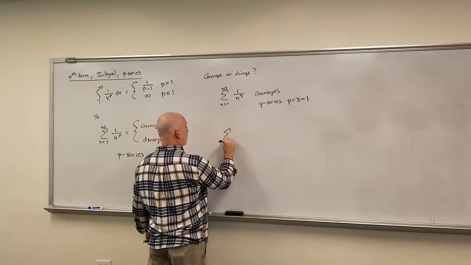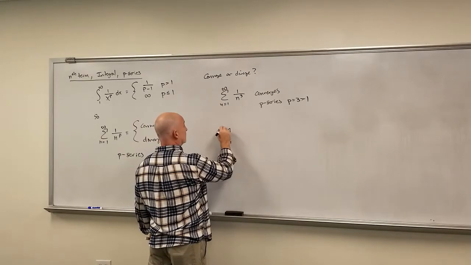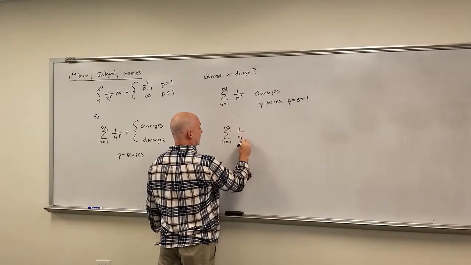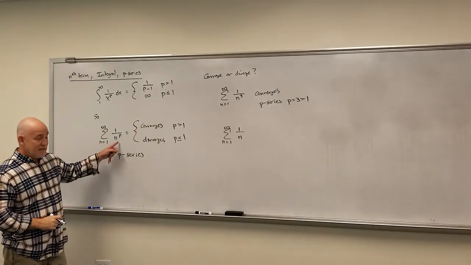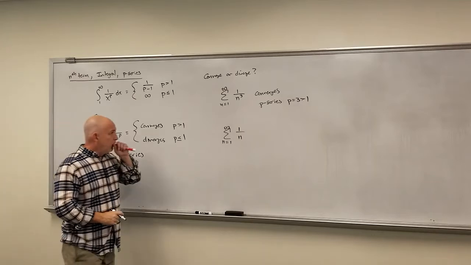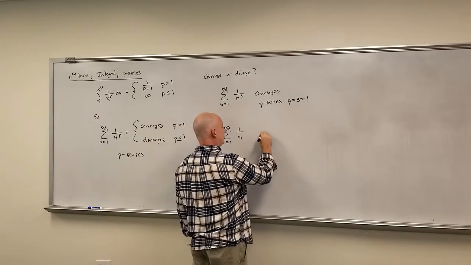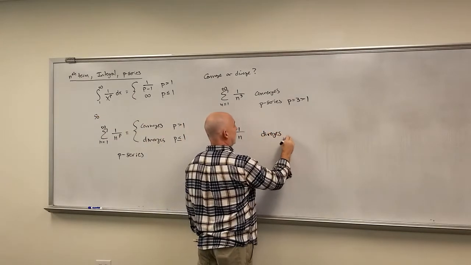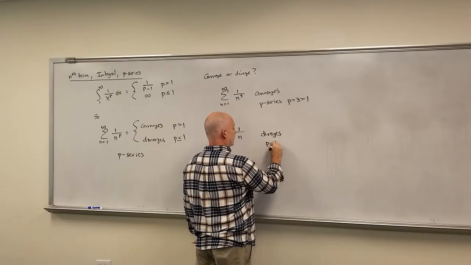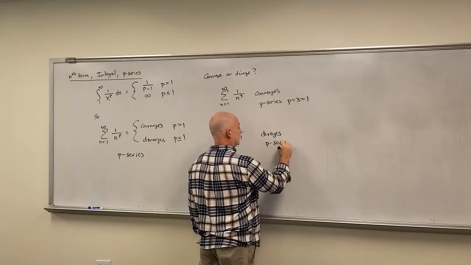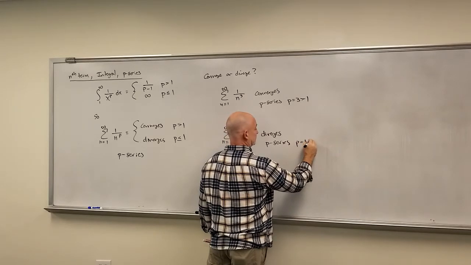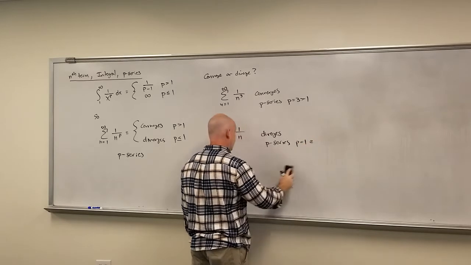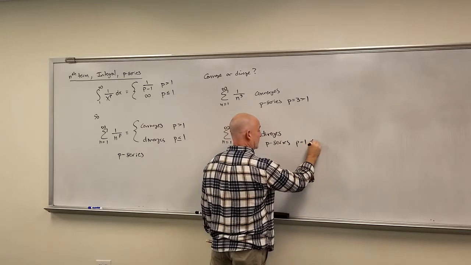Now, one special case of the p-series is 1 over n. So in this case, our p is what? Exactly equal to 1. So this actually diverges, and we would say it diverges because it's a p-series. Here, p equals 1, which is less than or equal to 1.